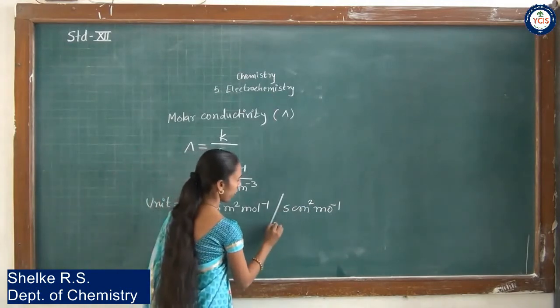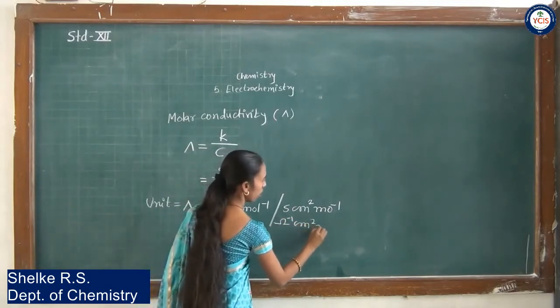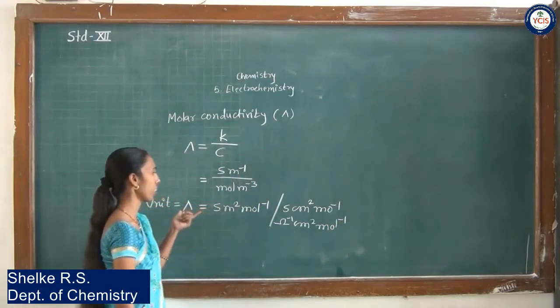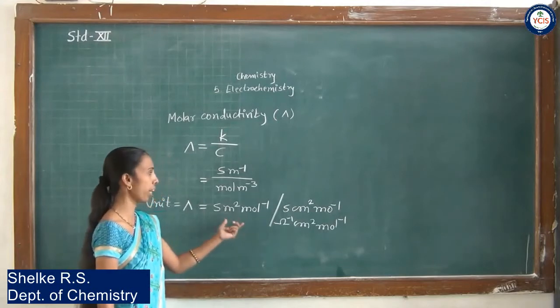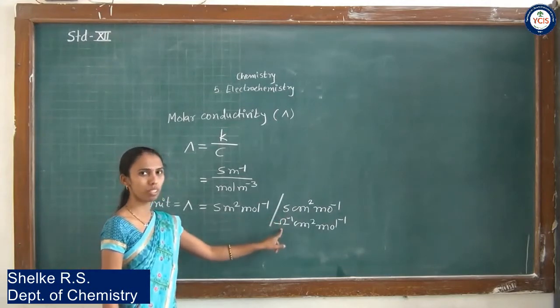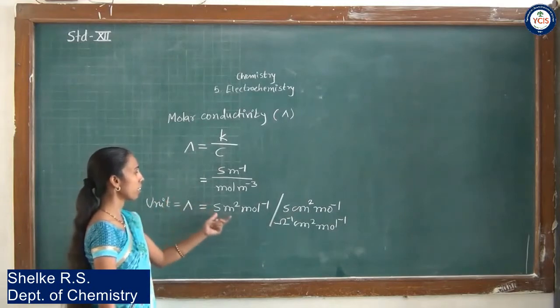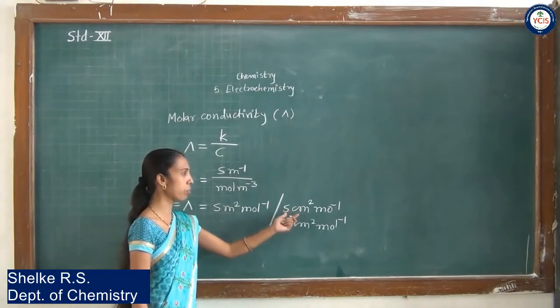So Ohm inverse centimeter square per mole will be the unit of molar conductivity. That will be useful for solving problems. You should know that Siemens is nothing but Ohm inverse.